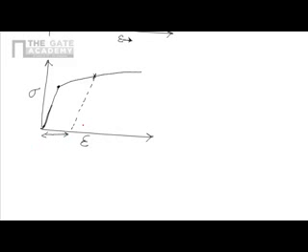Now, the point after which the curve drops is called the ultimate tensile strength. Beyond this, the material is highly unstable and it breaks here.